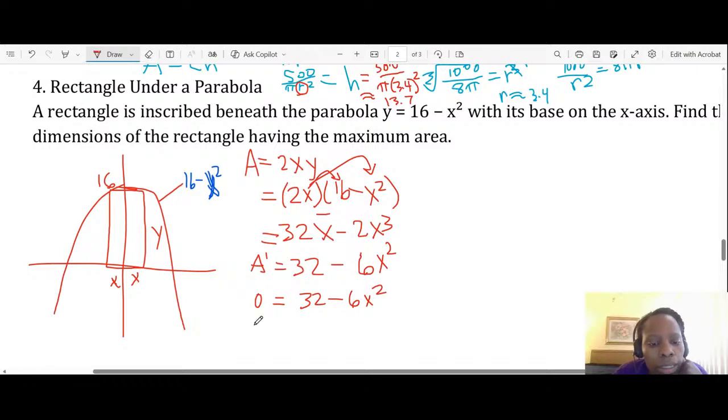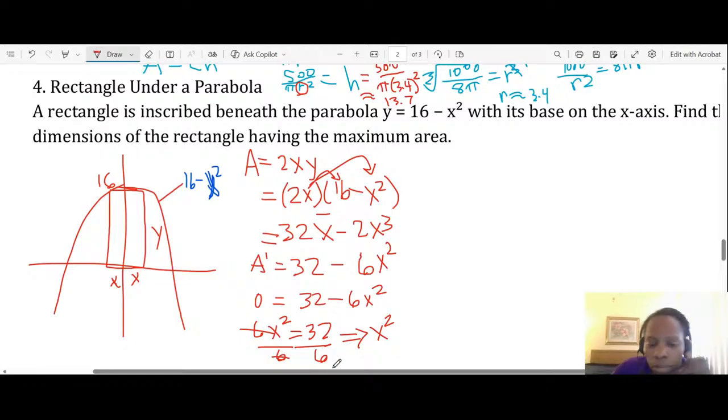So 6x squared equals 32, divided by 6, and we say that x squared is 32 over 6.